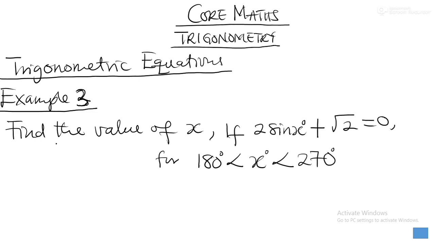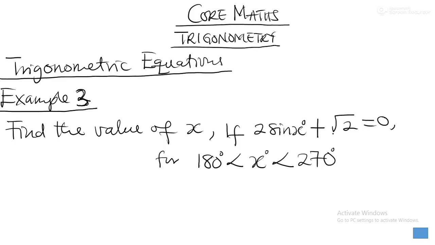Example 3. Now here also it says find the value of x if 2 sine x degrees plus √2 equals 0 for 180 degrees less than x less than 270 degrees. So here you realize that it's not easy determining the sign of the ratio.